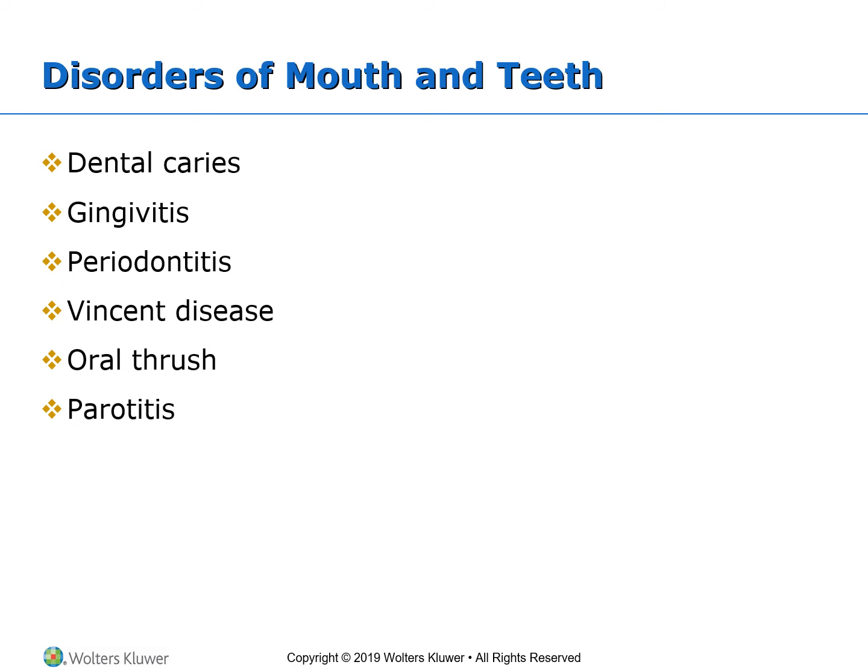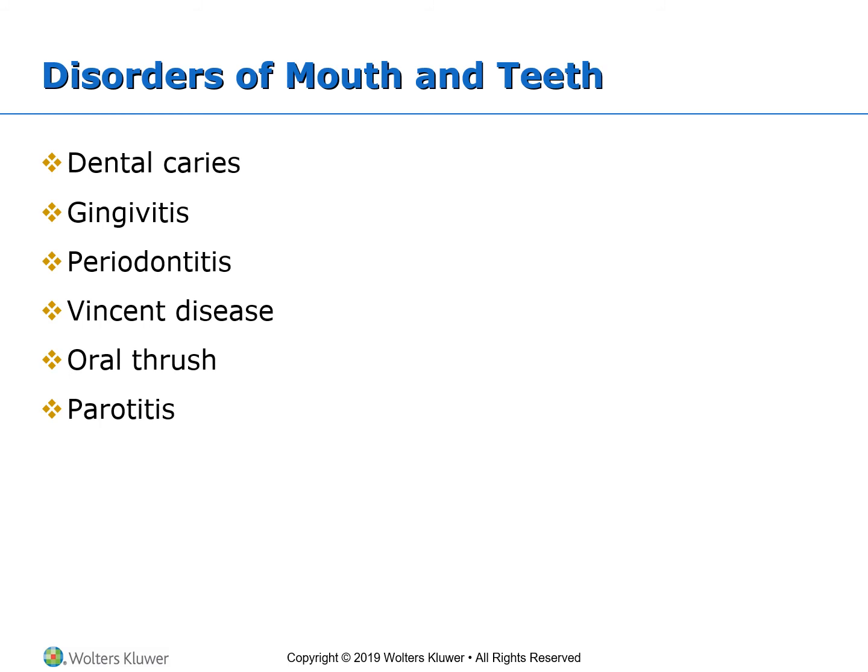We have another condition that is called Vincent disease, and this is a special type of gingivitis. It's caused by a bacillus, and it's common in teenagers and young adults. When we examine the patient, we'll see inflammation and ulceration of the mucous membranes in the mouth.